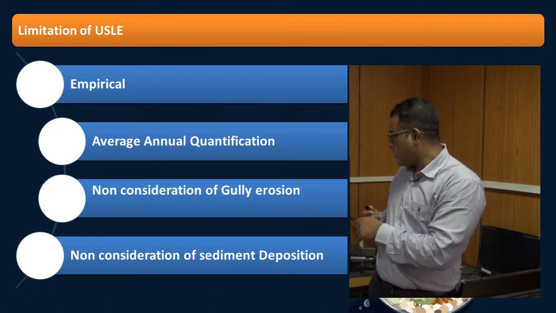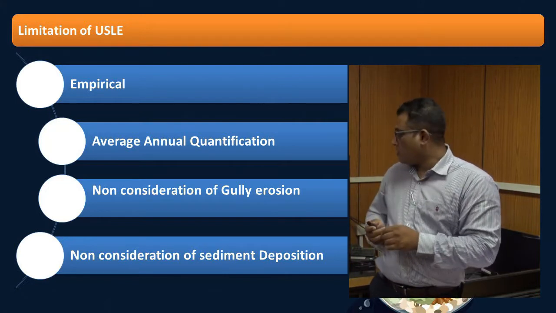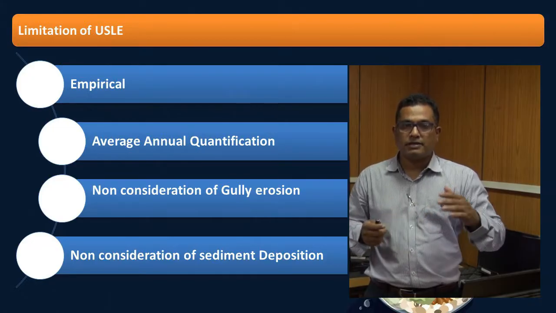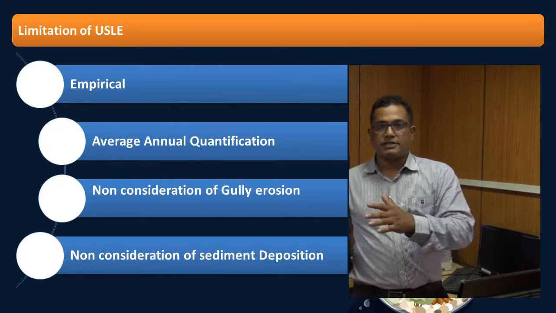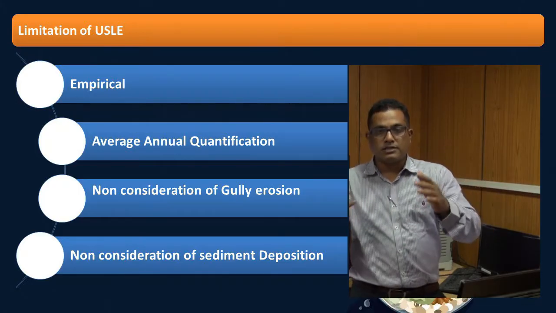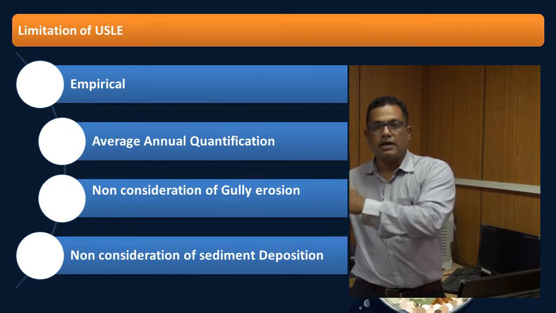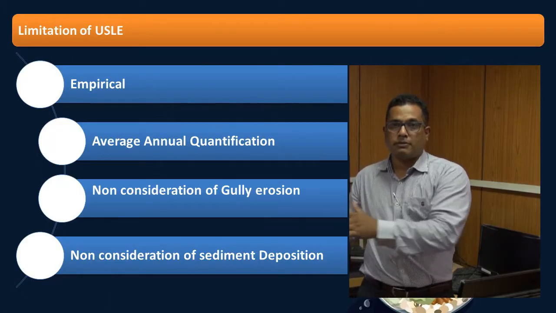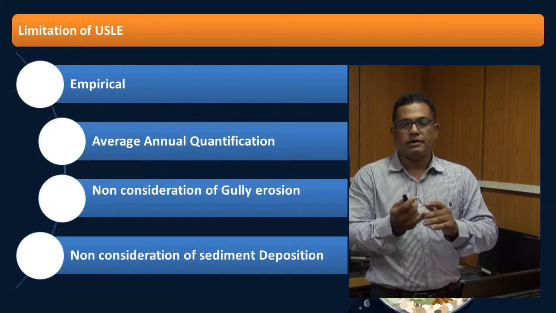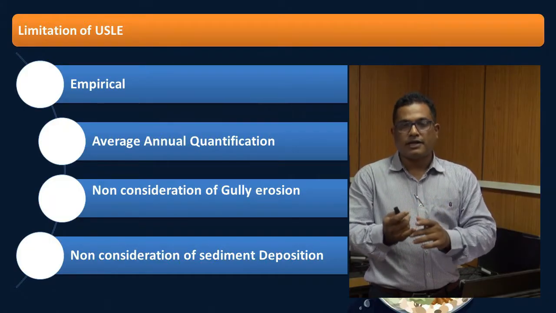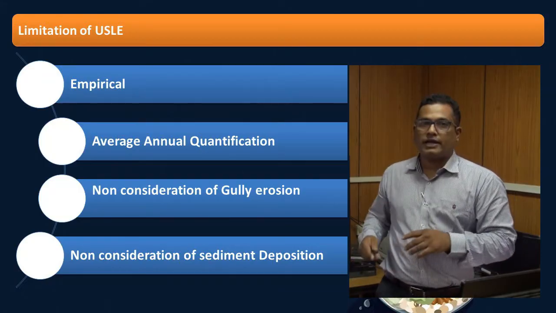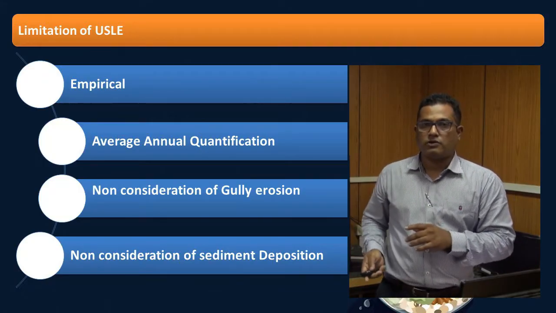And lastly, it neglects sediment deposition, because in large structures, due to flowing water, there are not only losses but also some deposition of soil in certain places, because soil erosion is detachment, transportation and deposition, and this deposition we do not consider in this equation.